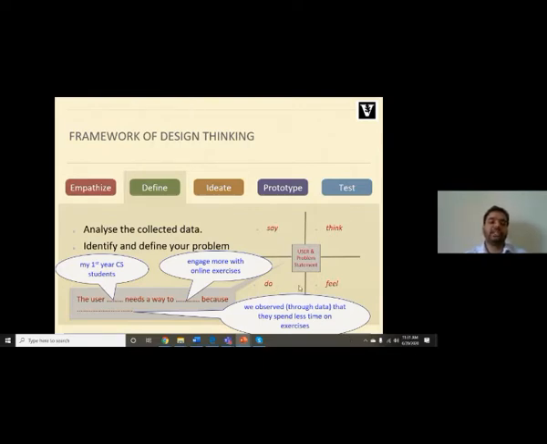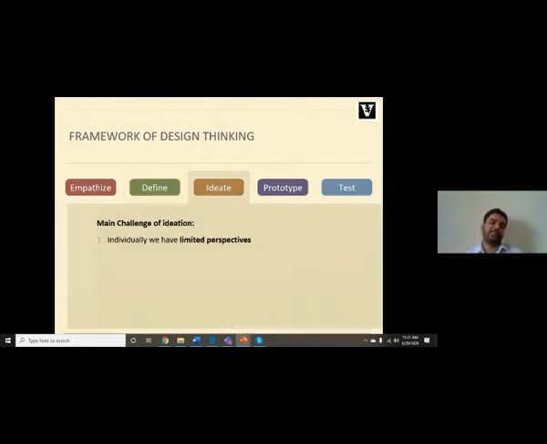So this could be one example of the problem that I need to solve further, right? Once you have empathized and defined, now we have to see how to ideate. Previously, what we normally all do is directly jump to the ideate phase. Now let's look into how to ideate. The main challenge of the ideation process is that we individuals have limited perspectives.